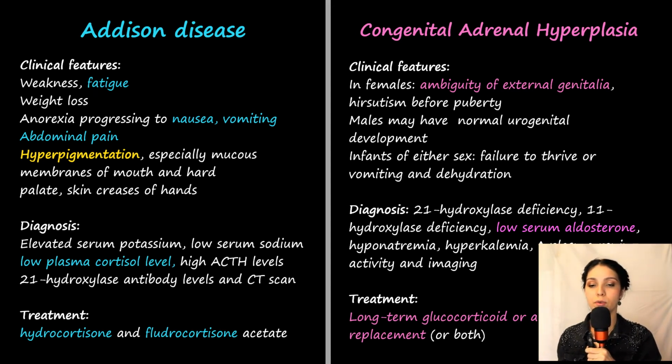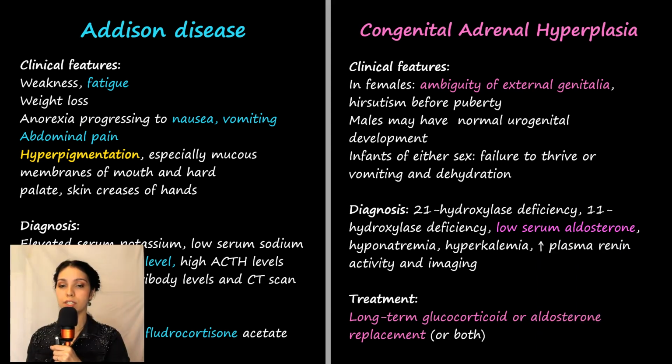For glucocorticoids, need to use stress doses for illnesses, surgical procedures, and hospitalization. Mineralocorticoid dosage may need to increase to 0.2 mg per day in the summer because of salt loss from perspiration.